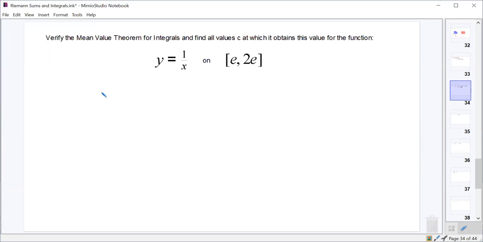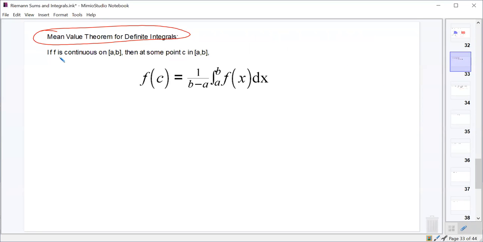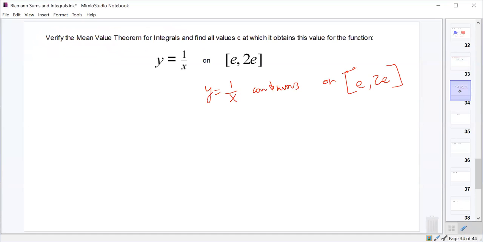Verify it's continuous. All right, we need to see if this function is continuous from e to 2e. So y equals 1 over x is continuous. That is a criteria we have here. It's continuous on the interval from e to 2e. 1 over x is only discontinuous at 0, and e to 2e doesn't include 0.